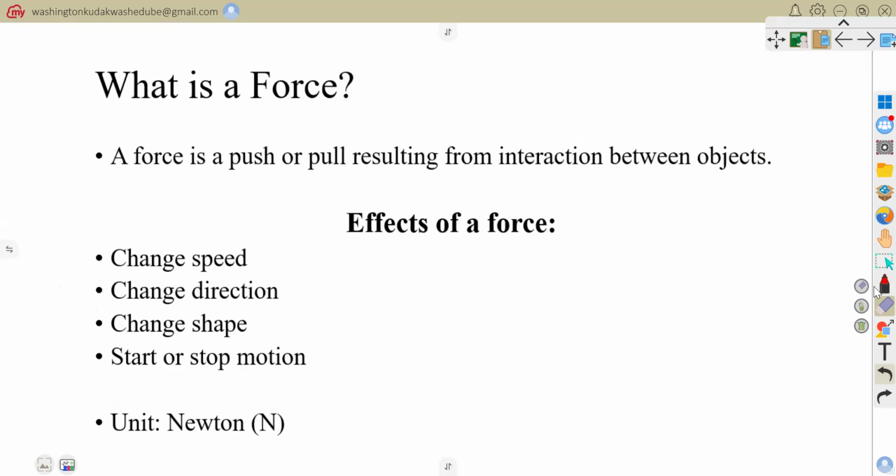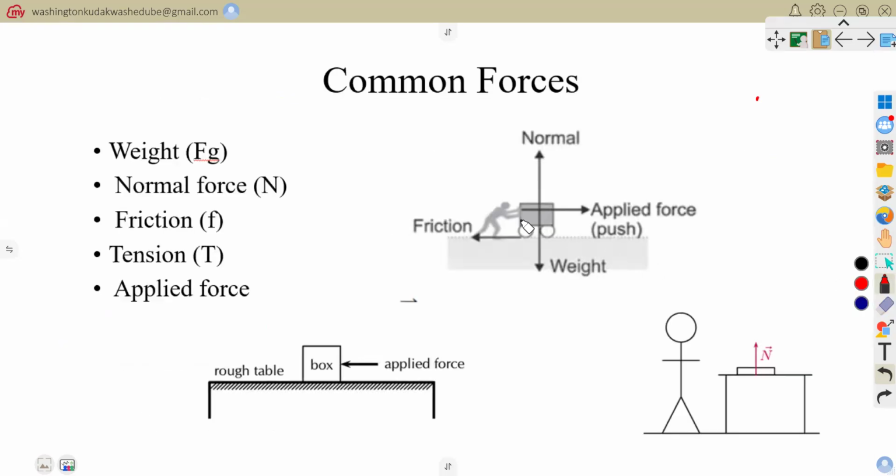Now we want to dive deep into looking into different types of forces. So you are going to see that we have different types of forces that exist in our world. But within our syllabus, we are going to be looking into a type of force that we refer to as the weight of an object, or else the gravitational force.